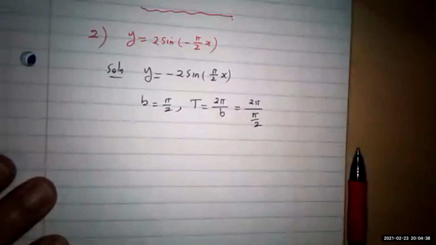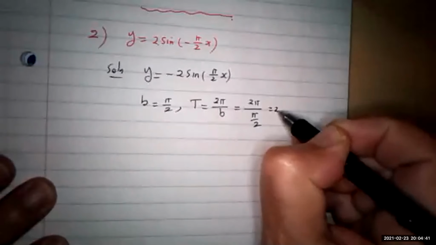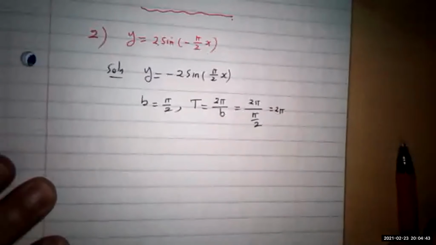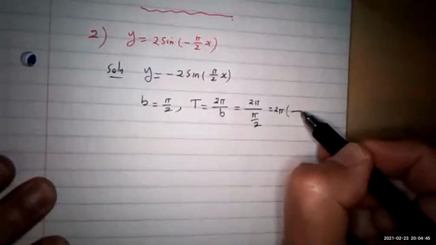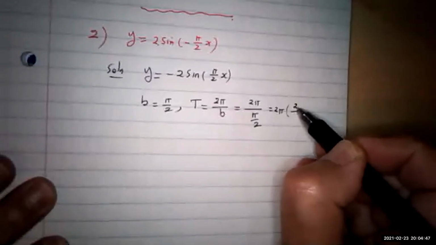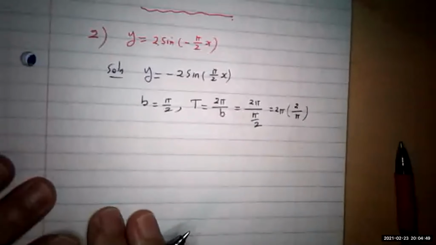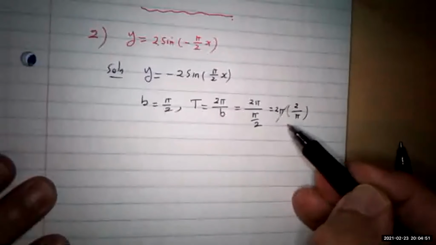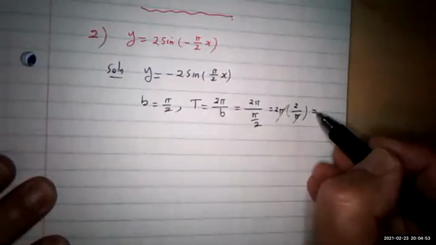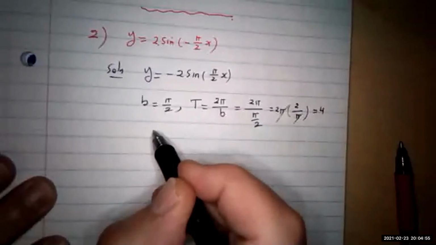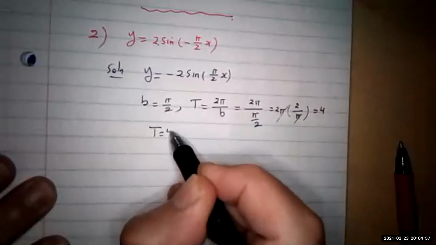If you divide two fractions, you write the first one and multiply by the reciprocal of the bottom. Pi and pi cancel out, you get 24. So the period is 24.